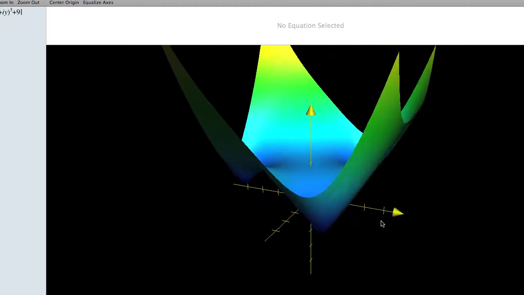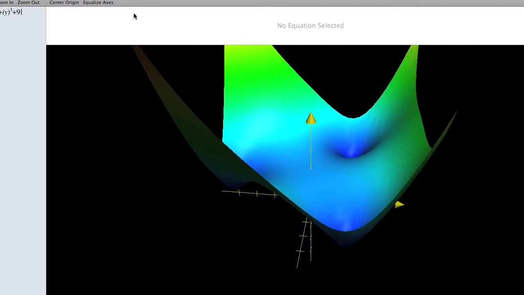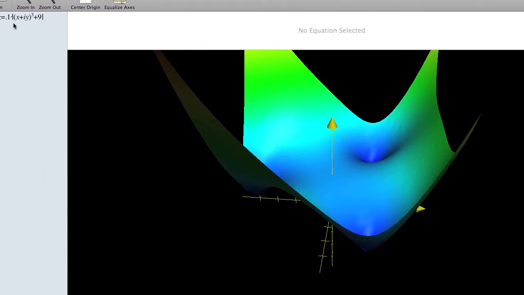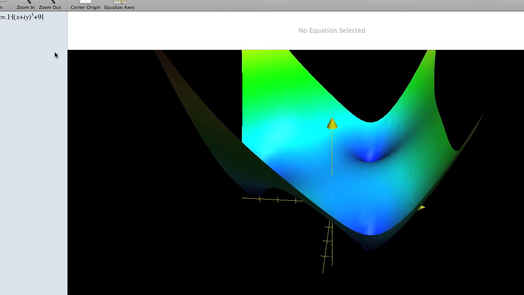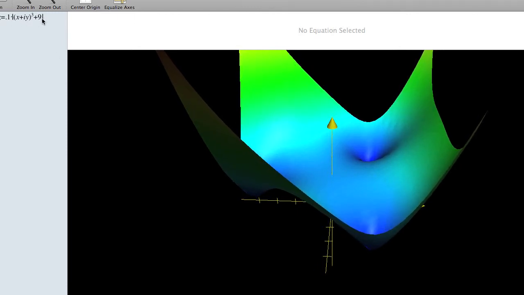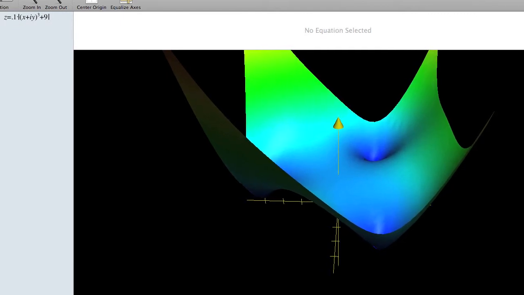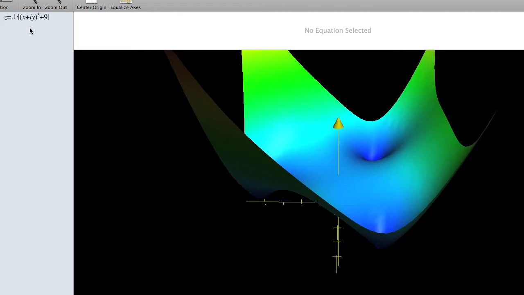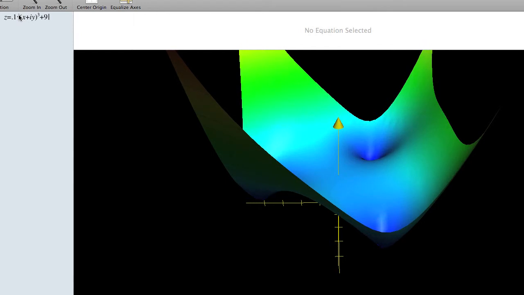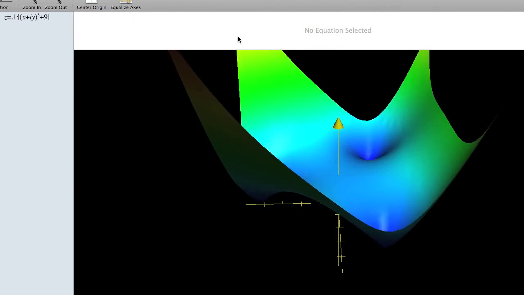I have x plus iy, so we have the x-axis and the y-axis, and I'm plotting the magnitude of z cubed plus 9, multiplied by 0.1 just to scale it down so it shows more details. So I have z equal to 0.1 times the magnitude of z cubed plus 9, because z is x plus iy. So here's what we see when we do that.